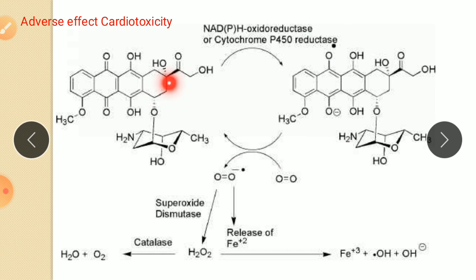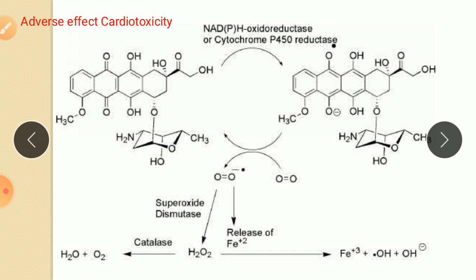So during this redox reaction, superoxide free radical is produced, which is converted into hydrogen peroxide by the enzyme superoxide dismutase. Then the H2O2 is converted into water and oxygen by the enzyme catalase.